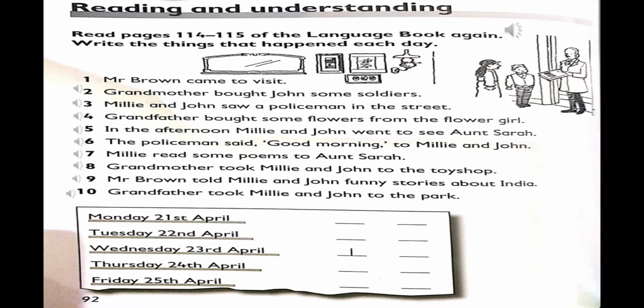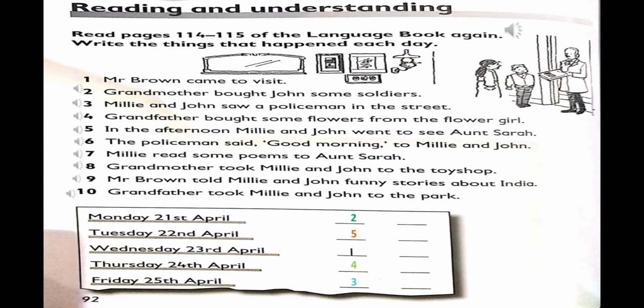Number 2. Grandmother bought John some soldiers. Number 3. Millie and John saw a policeman in the street. Number 4. Grandfather bought some flowers from the flower girl. Number 5. In the afternoon Millie and John went to see Aunt Sarah. Number 6.